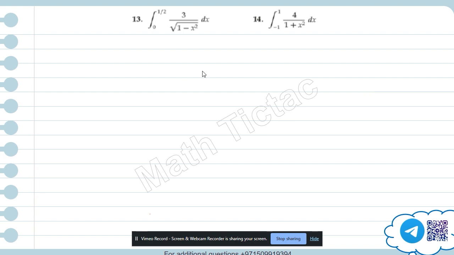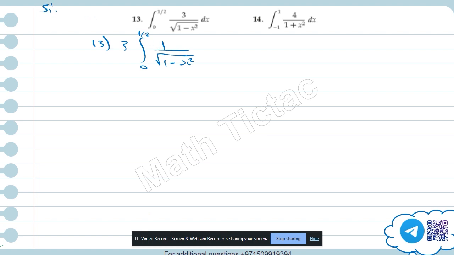Okay, so in here, the same thing, we can take the constant outside. So in question 13, the integration from 0 to 1 over 2 of 3 over square root of 1 minus x squared. What is the function whose derivative is equal to 1 over square root of 1 minus x squared?